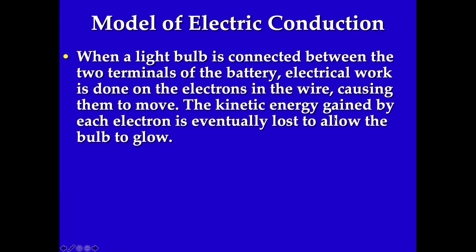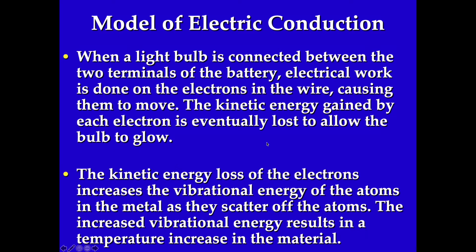Okay, so what I want to do now is really talk about just a model for electricity, for charges moving through a wire. When you connect a light bulb to a battery or a power supply, the battery does work on the electrons, giving them kinetic energy.